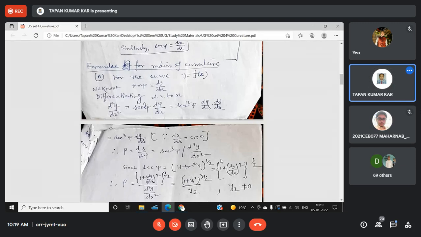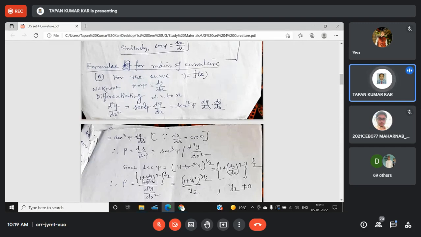Now sec psi equals what? Root over 1 plus tan square psi, because here it is sec psi only. So 1 plus dy dx whole square, root over. So sec psi equals this.